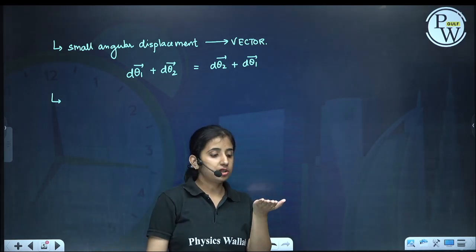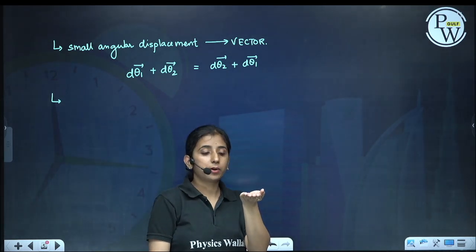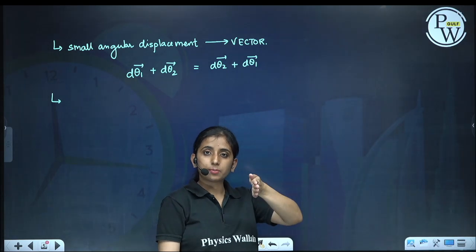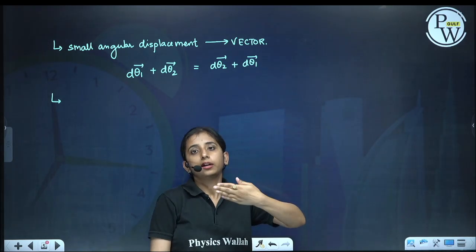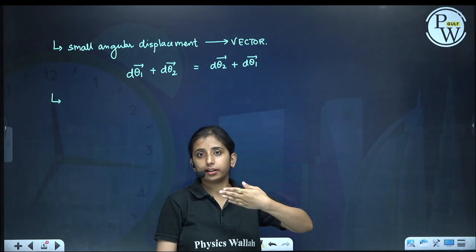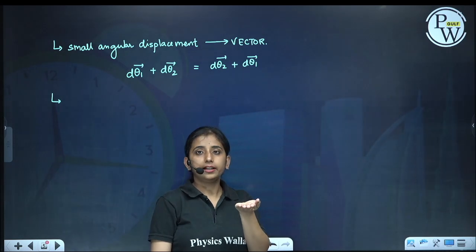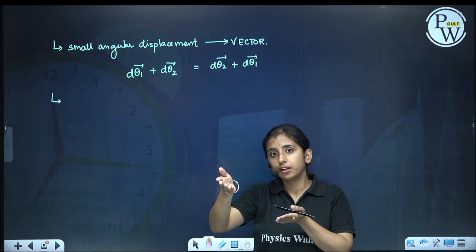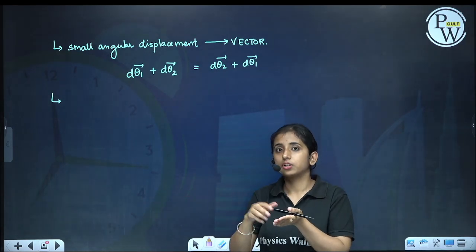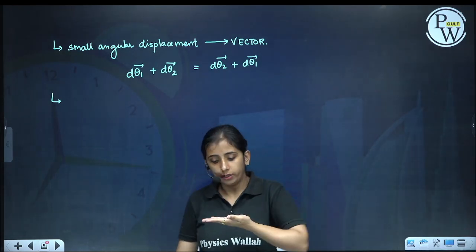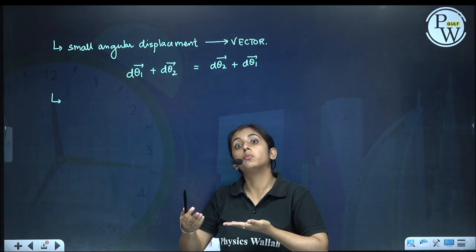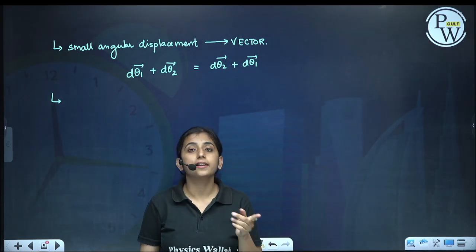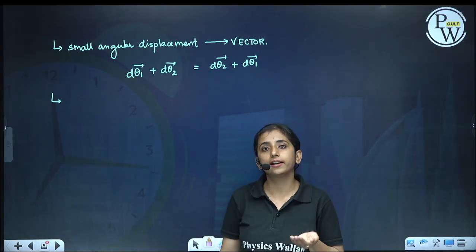Now do large displacements. Do this displacement first, d theta 1, then do d theta 2. So this is a first rotation, then this is a second rotation. Now do the opposite, rotate d theta 2, then do d theta 1, you will not get the same position.